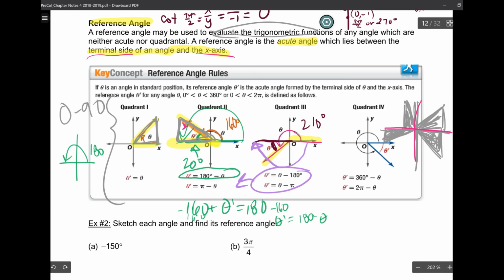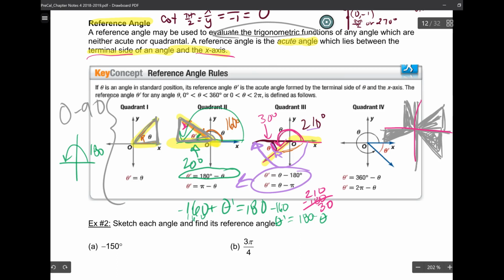Since if I subtract 180 from this theta, I'll get whatever this reference angle is here. Since we don't know the reference angle, and we don't know what this angle is right here, we can't just do 180 minus reference angle, but I do know what the total angle is from the initial all the way over to the terminal. That's 210. So if I take 210 minus 180, I can figure out that this reference angle right here is going to be 30 degrees.